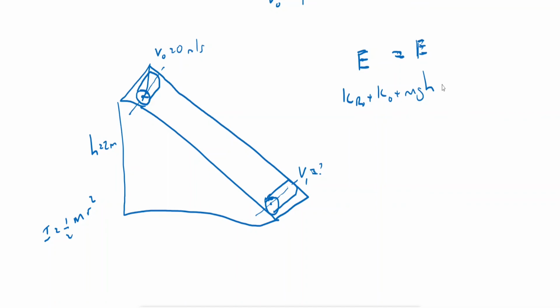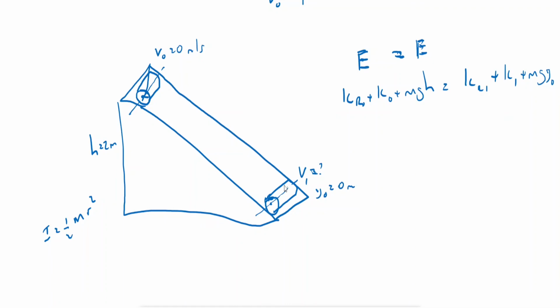Okay, and then what happens afterwards? When it's here at the bottom, it's rolling. It's going to reach the final rolling velocity, and then there's going to be the kinetic energy at 1 plus some mg y0. If I take this to be the ground, I'm just going to say this is going to be 0 meters.